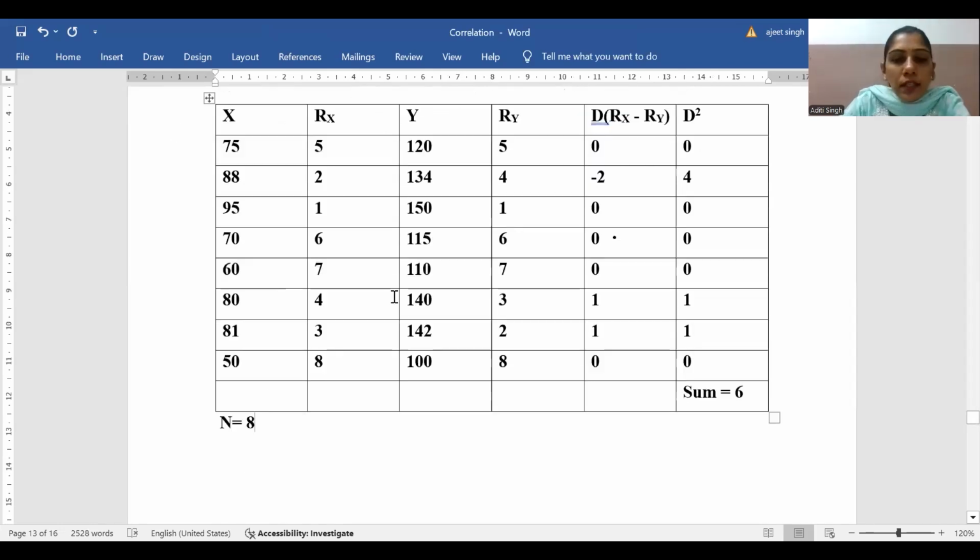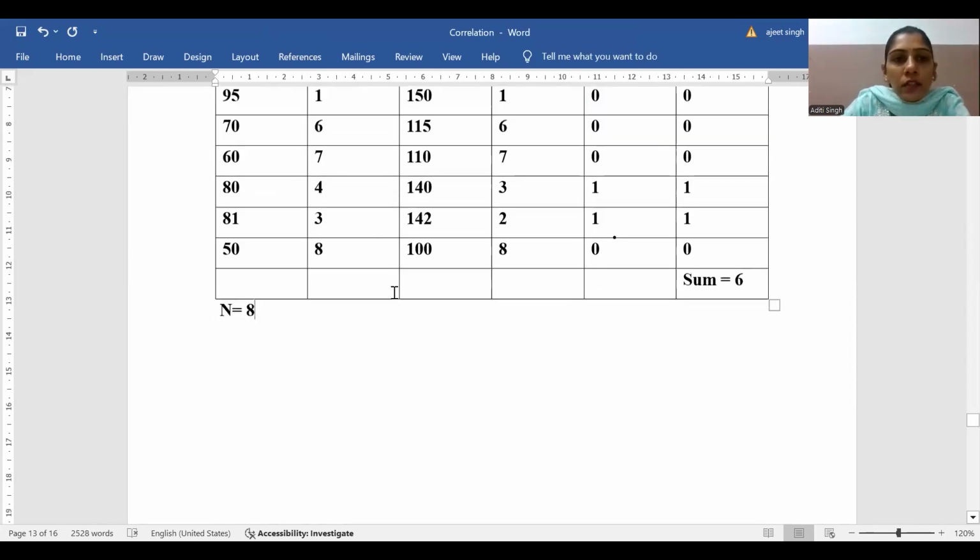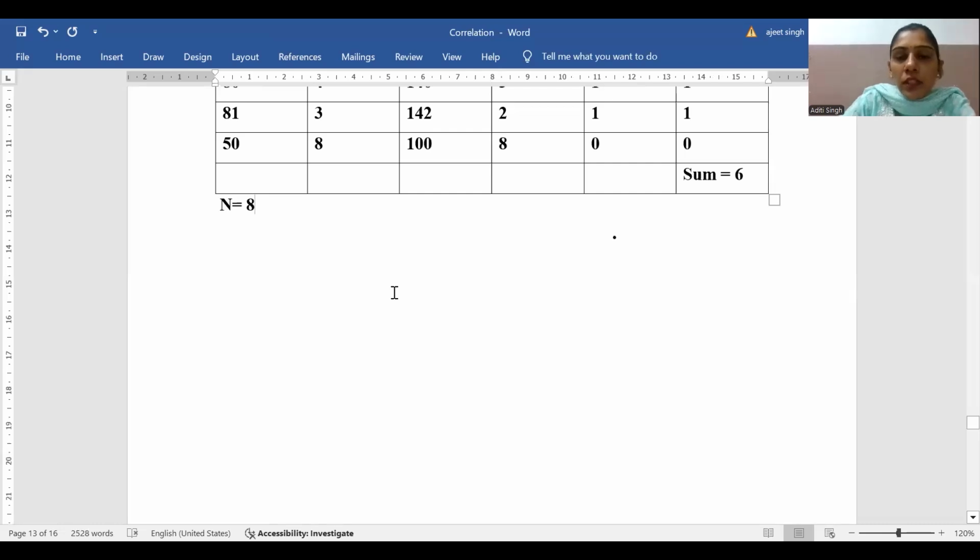So n is 8. So let's start with the calculation of coefficient of correlation with the help of ranking method.